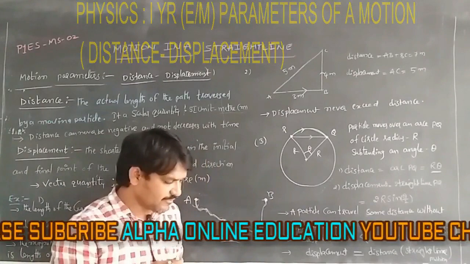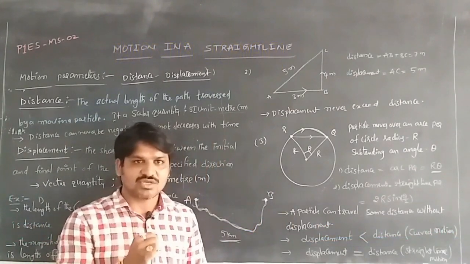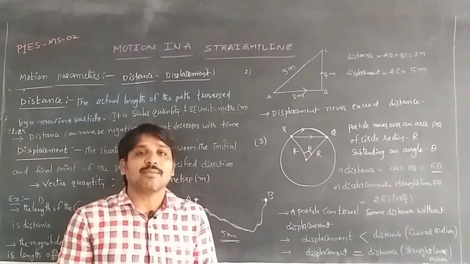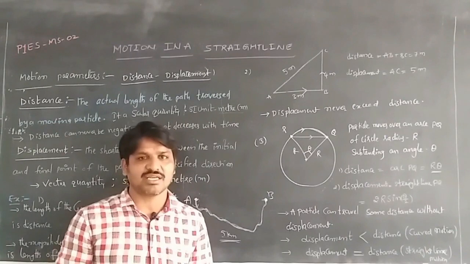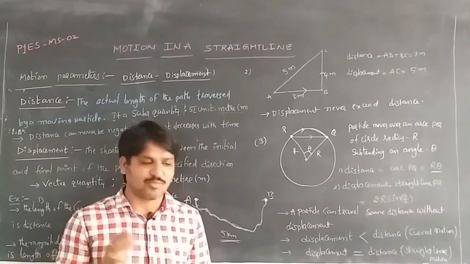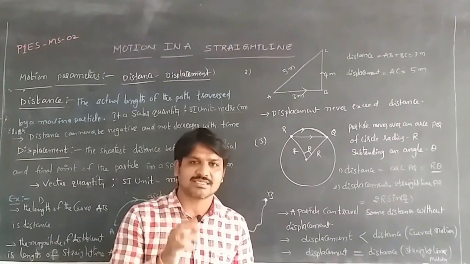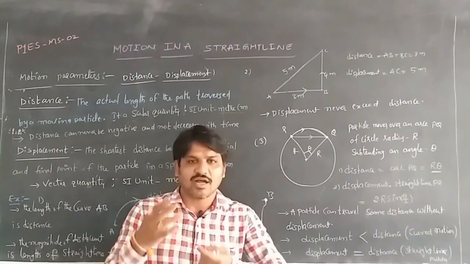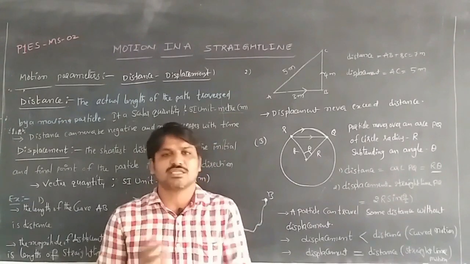If the particle moves 2 meters, that cannot be minus, because it is always considered positive. It also cannot be zero whenever the body has traveled some distance. Only if the particle is at rest can we say the distance is zero, because the body is not in motion.